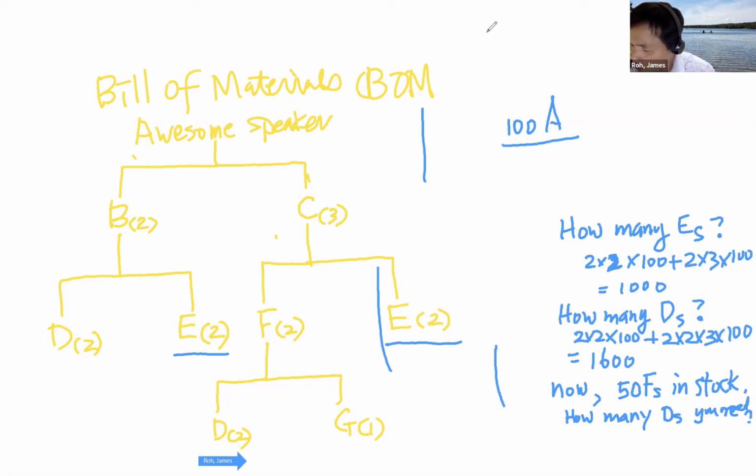However, you looked at your warehouse, right? You found that, oh yeah, we have 50 Fs in stock. Then how many Ds do we need? We don't need to carry a lot of Ds since we have Fs, 50 Fs in stock. So in this case, how many Ds do we need to have?